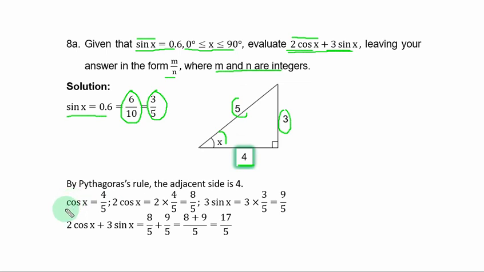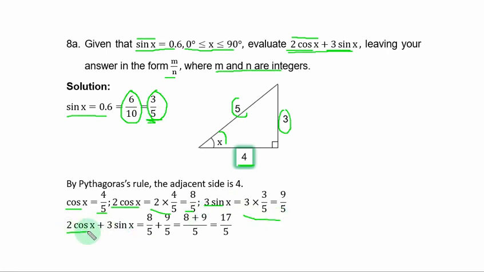So you can get cos S. Cos S becomes adjacent, that is 4 over hypotenuse 5. Then 2 cos S, you multiply that value by 2 and you have 8 over 5. For 3 sin S, you multiply this value by 3 and you have 9 over 5.